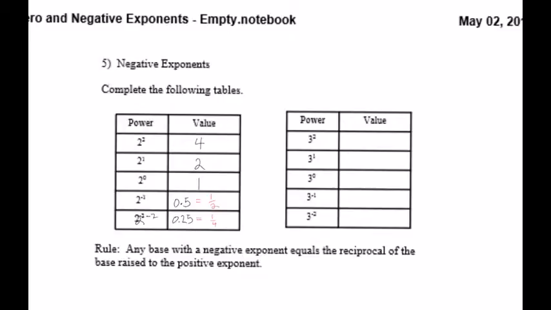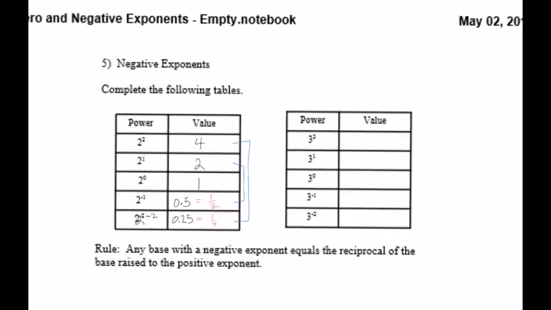What you'll notice is that anything with a positive exponent has a reciprocal for its negative. 2 to the 2 is 4, but 2 to the negative 2 ends up being 1/4. 2 to the 1 is 2, but 2 to the negative 1 gives us 1/2.